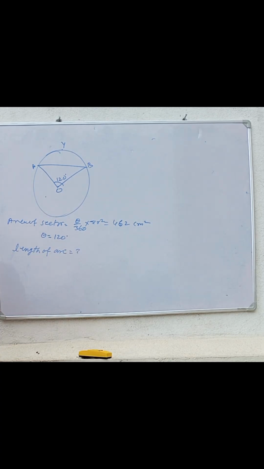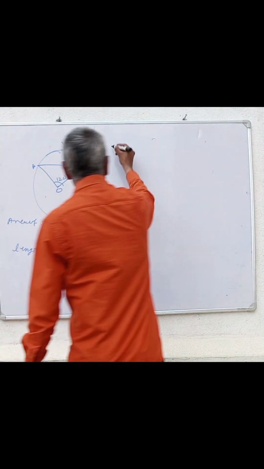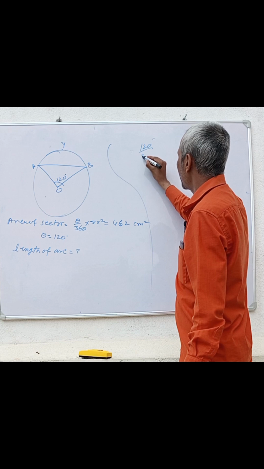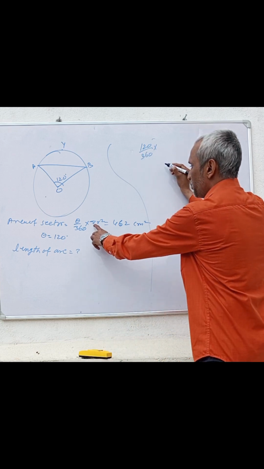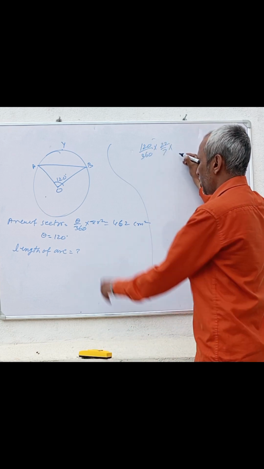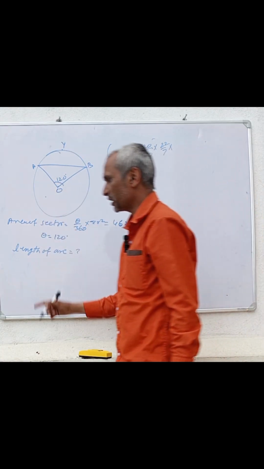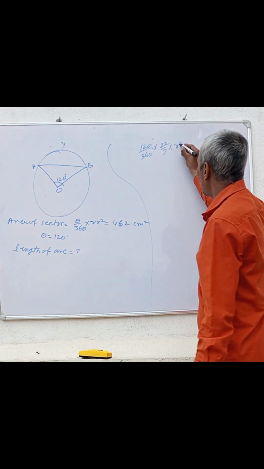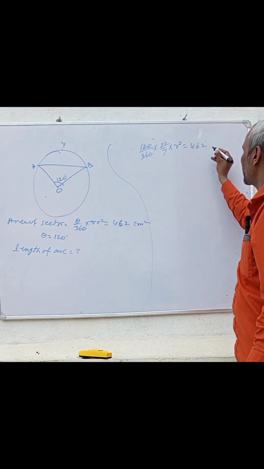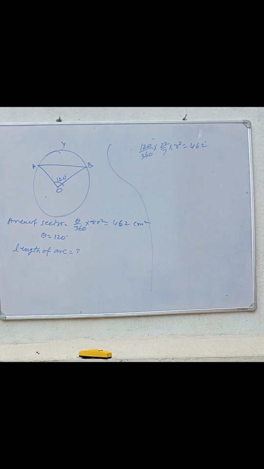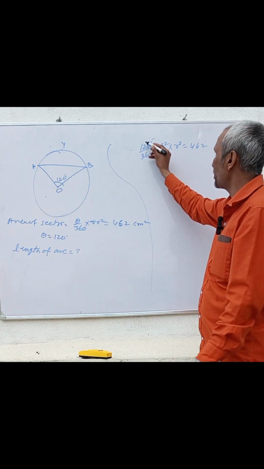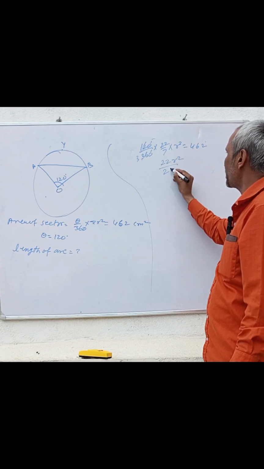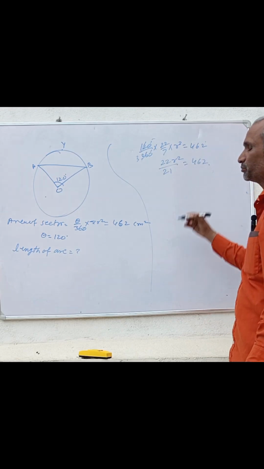Let's solve it. For solving it, we have to write the formula. Keeping the values, 120 by 360 into pi, value 22 by 7, into r square. First we have to find r only. r square is equal to 462. Cancelling, this cancels by 3, now it becomes 22 r square by 21 is equal to 462.